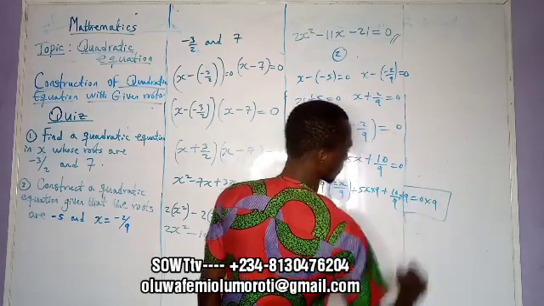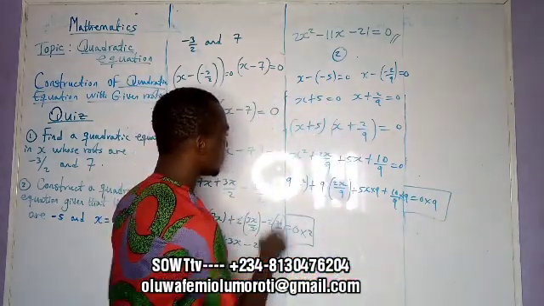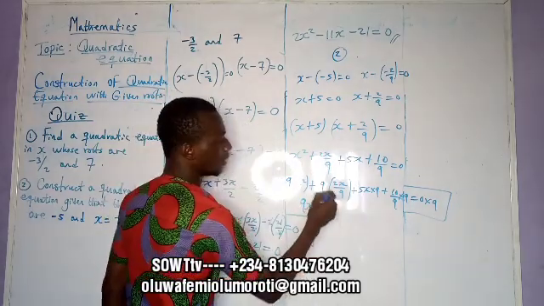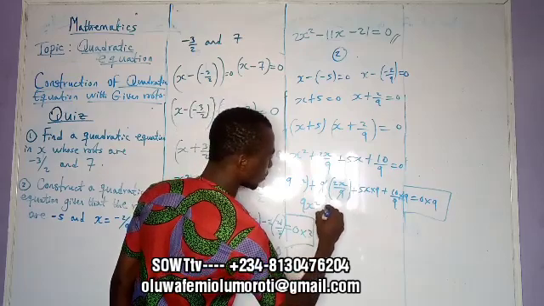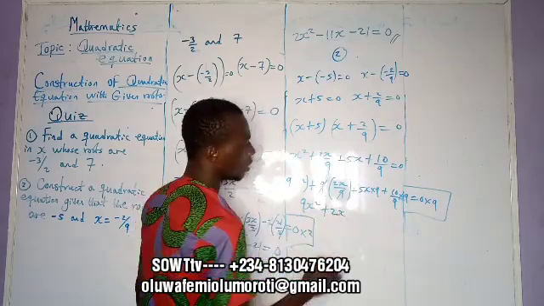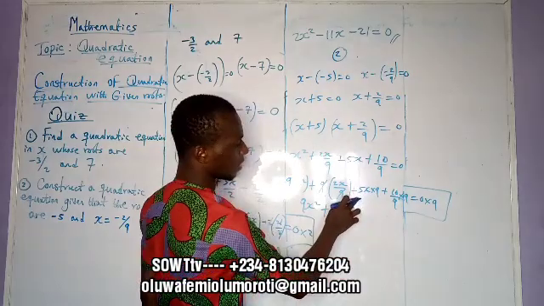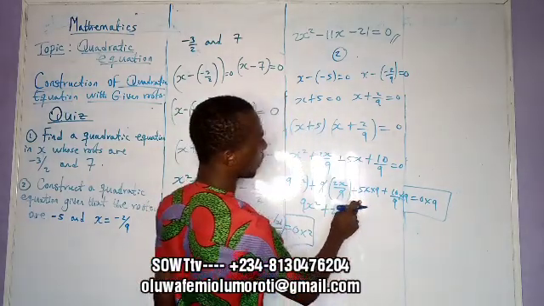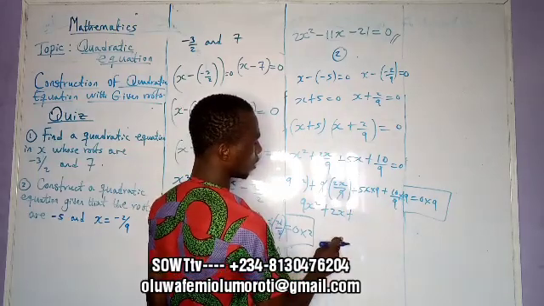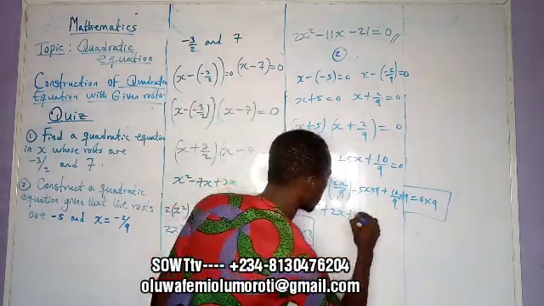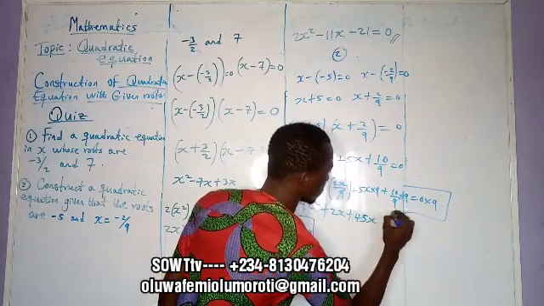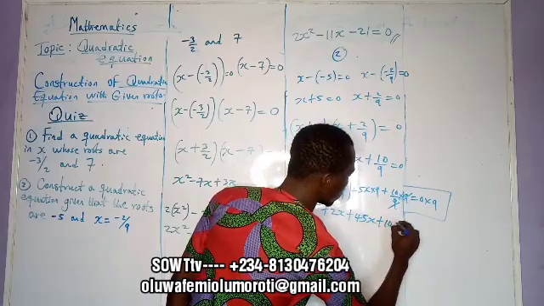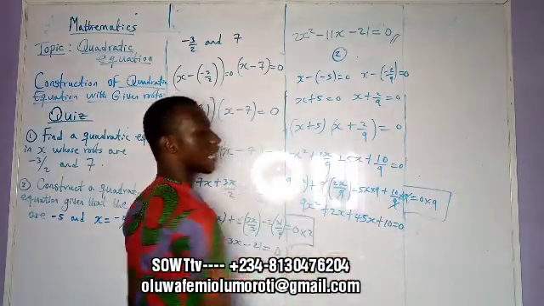So from here, 9 times x squared, we have 9x squared. This 9 we cancel, we are left with plus 2x, then plus 5x times 9 is 45x. This one cancels out, plus 10 equal to 0, because 0 times 9 is 0.